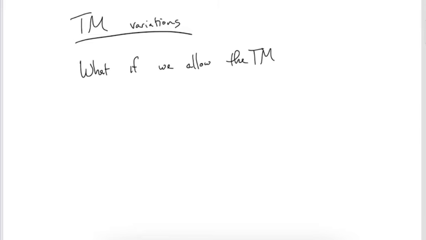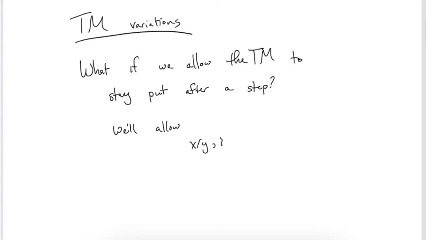What if we allow the Turing machine to stay put after a step? So we will allow transitions that look like X, Y, R or X, Y, L, but maybe we want to also let it just stay put under certain situations. X, Y, S, say. I'll use S for stay, all right?